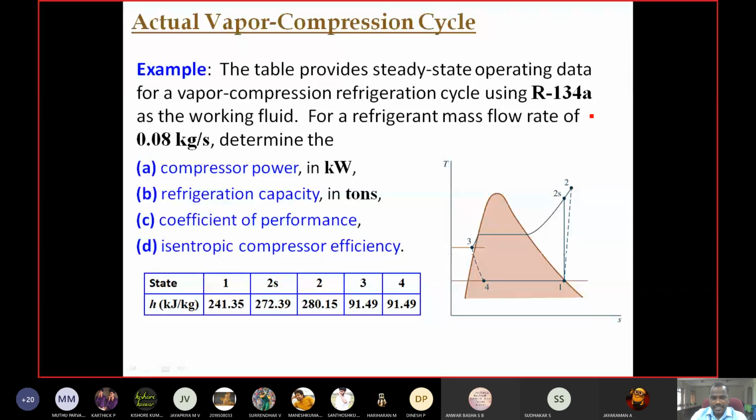We have to determine the compressor power, the refrigeration capacity in terms of cooling, the coefficient of performance, and the isentropic compressor efficiency. These are the given data: they gave H1, H2, H3, H4, also H2s values, and m dot, that is 0.08 kg/s.